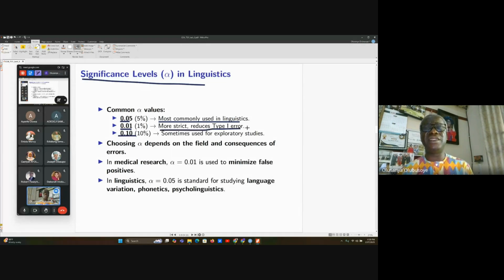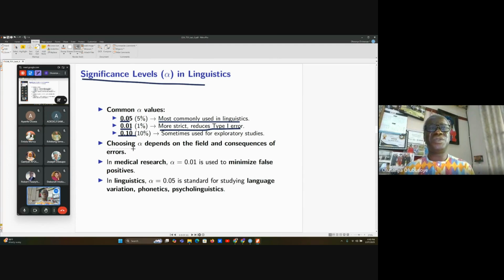The 1% level is very strong. It is usually used in medical or very sensitive studies, when you are dealing with situations or studies related to human survival and things like that.